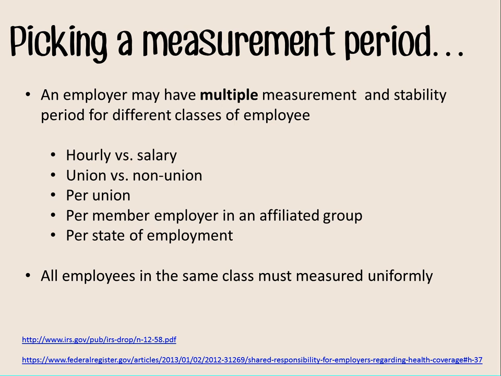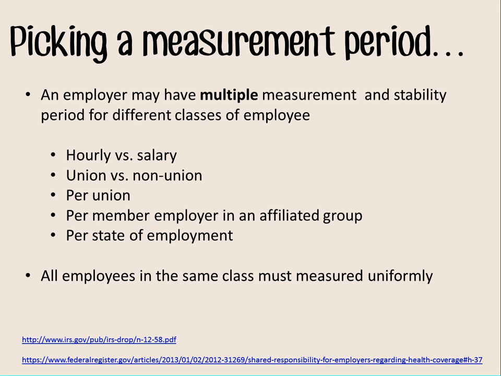An employer is allowed to have multiple measurement and stability periods for different classes of employees. So you can apply different measurement and stability period rules for hourly employees and salaried employees, for union employees and non-union employees. If you have multiple unions, you can use different rules between unions. You can also treat employers differently within each employer in an affiliated group.